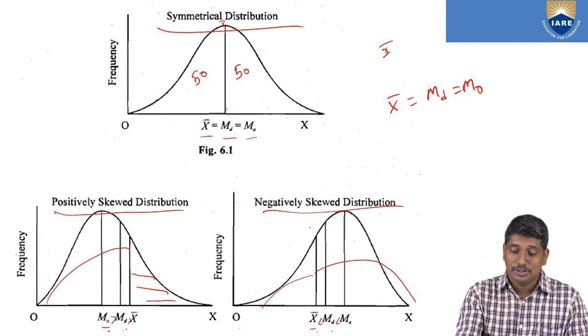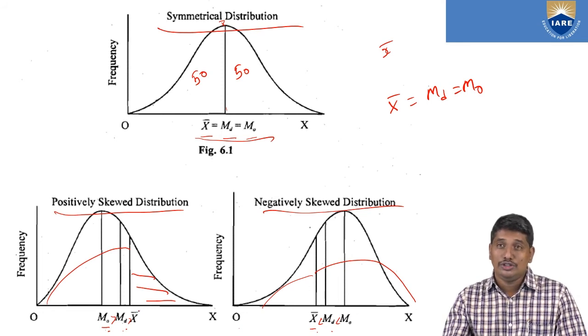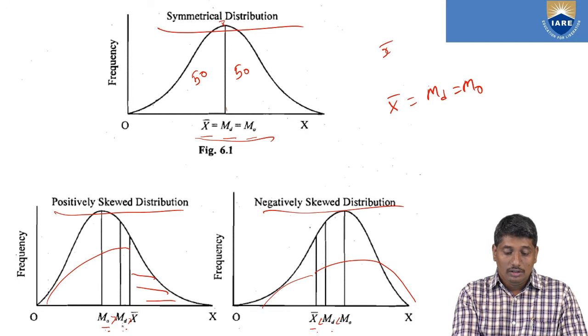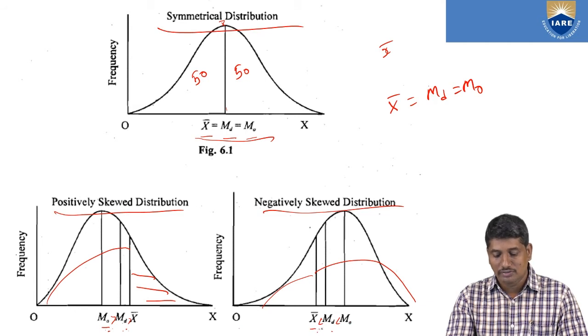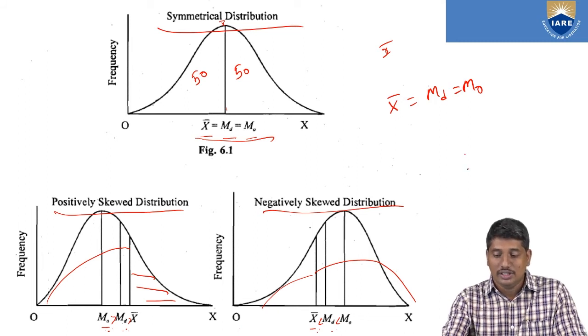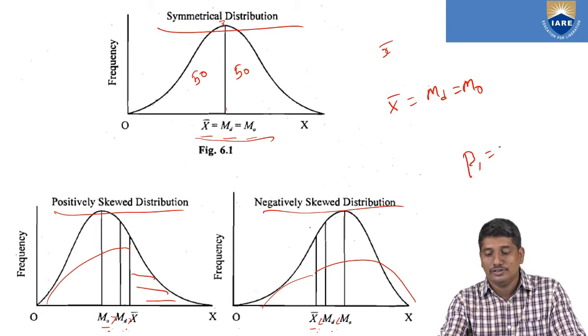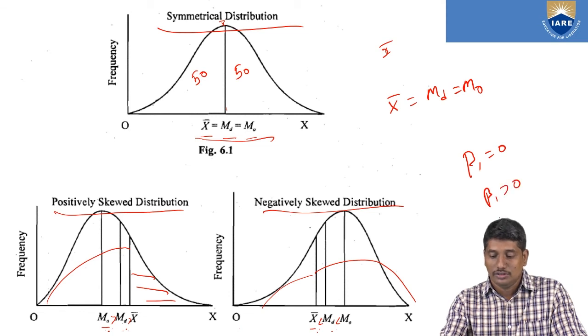So in a symmetric distribution, all three coincide; in a positively skewed distribution, mode is greater than median, which is greater than mean; and in a negatively skewed distribution, mean is less than median, which is less than mode. So this is about skewness, and the measure of skewness given by Karl Pearson is beta 1. If beta 1 is equal to 0, perfectly symmetric; beta 1 greater than 0, positively skewed; beta 1 less than 0, negatively skewed.